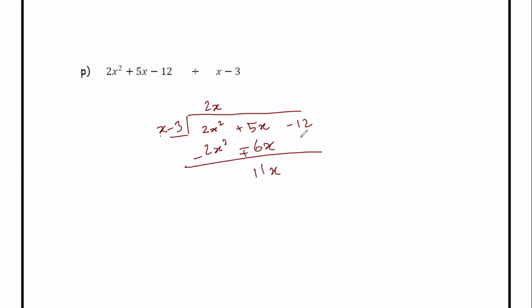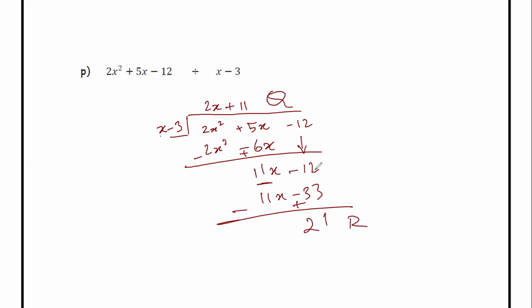So I got 11x. Bring this down, negative 12. I want 11x now. So plus 11. So I get 11x and negative 33. Change the sign. So I got 21 as my remainder. This is my quotient. So that's about the long division for you.